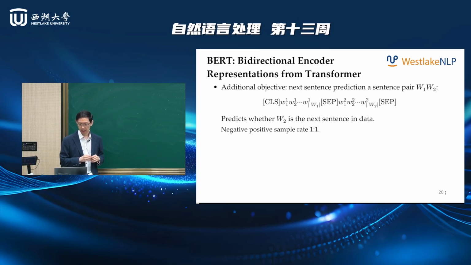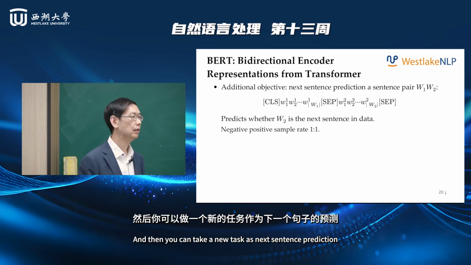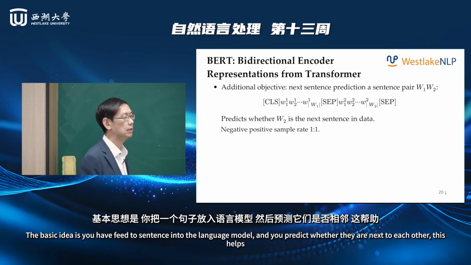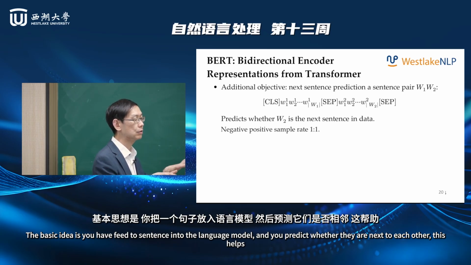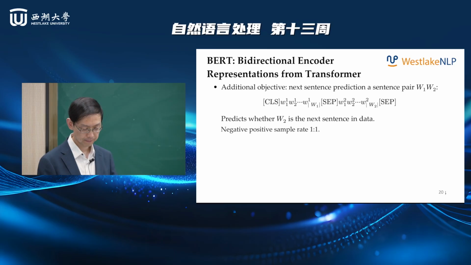Okay, and you can randomly sample two sentences that are not next to each other, or you can sample two sentences that are next to each other. Okay, and then you can take a new task as next sentence prediction. The basic idea is you feed two sentences into the language model and you predict whether they are next to each other. So this helps BERT to better learn context, inter-sentence context.